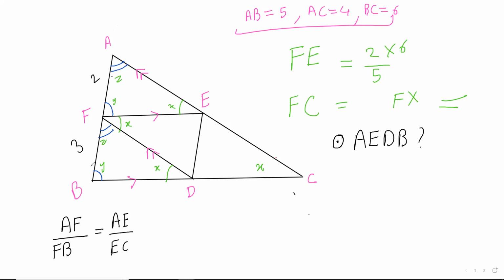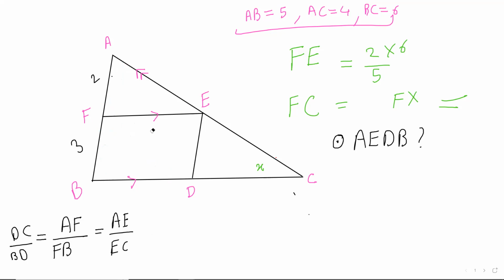But then this AF by FB is also equal to DC by BD. Okay. Right. And yeah, so it's not even cyclic. That's not correct. So yeah, let me try to show you the picture. Remove the unimportant things.